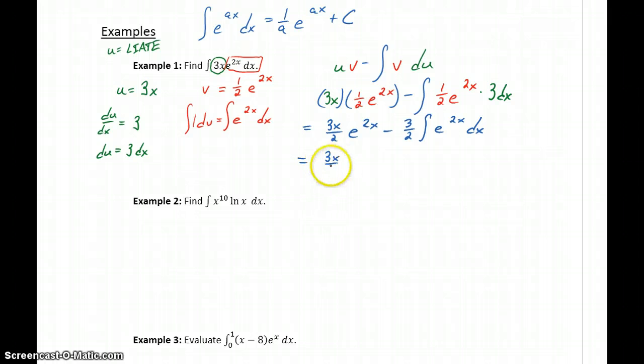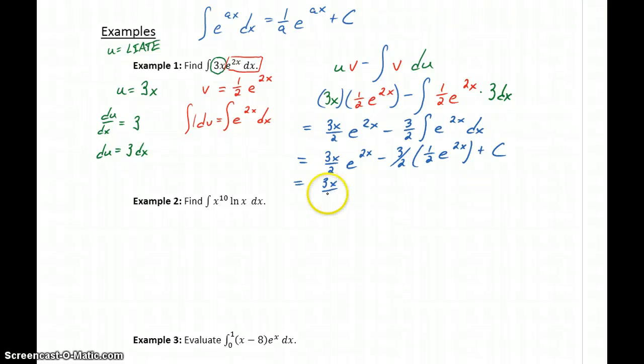So our result here will be 3x over 2 e to the 2x minus 3/2 times, this integral will be 1/2 e to the 2x, plus some constant c. So just simplifying a little bit here, we get 3x over 2 e to the 2x minus 3/4, by multiplying those two fractions together, e to the 2x plus some constant c.